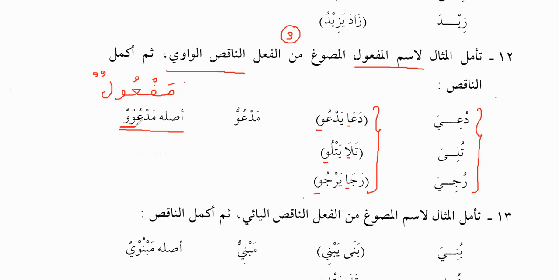So make a point here about the naqis wawi and the naqis ya'i. The fourth one and the last one is naqis ya'i. In both the verbs, what will happen? There is a slight change from ajwaf al-wawi and ajwaf al-ya'i; there is a slight difference between the two. In naqis wawi and naqis ya'i, we will have a double waw in wawi, and in naqis ya'i we have a double ya here.